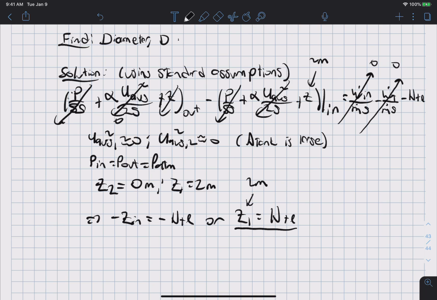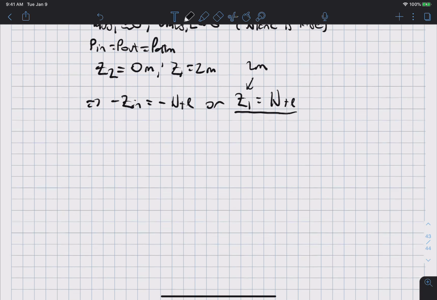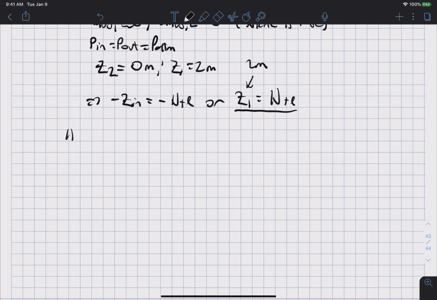Now we need to find the total head loss. And the total head loss equals the head loss due to major losses due to pipe wall friction through the pipe system, plus the head loss due to minor losses through elbows and other components in the tank.